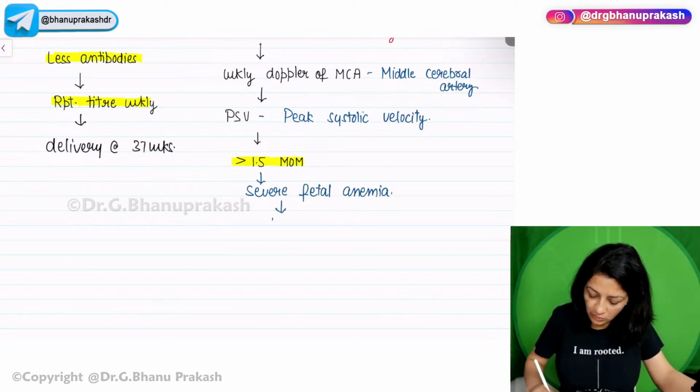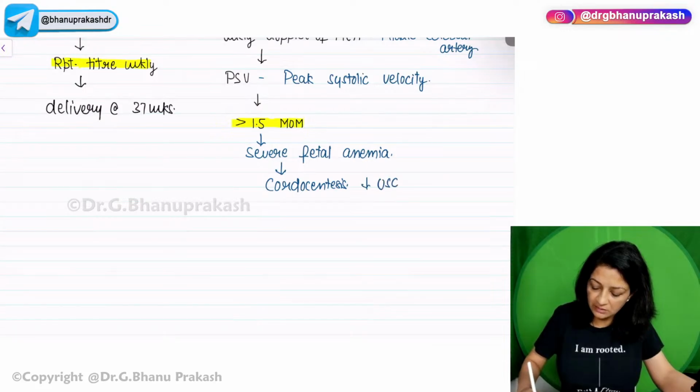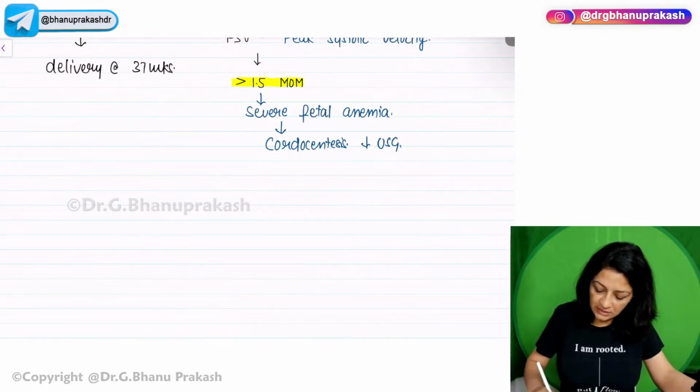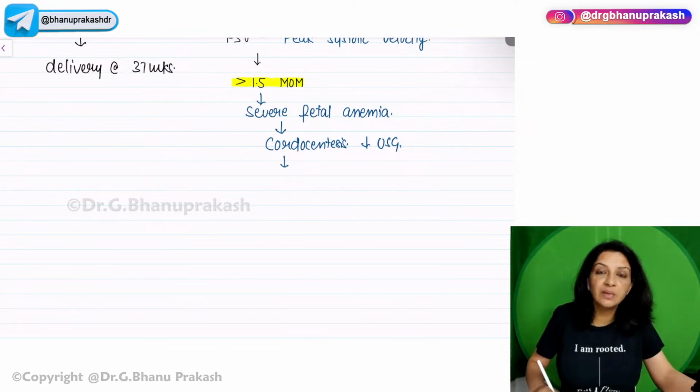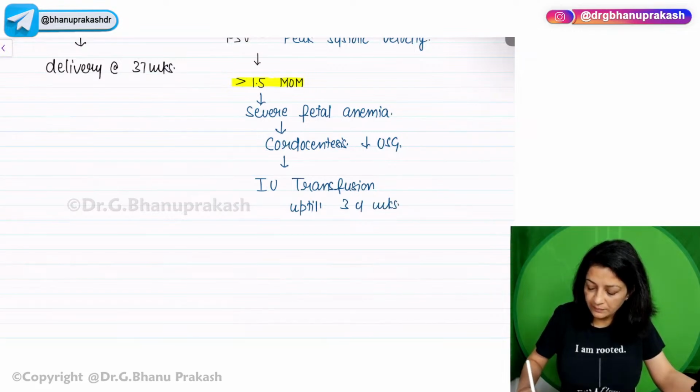Then we will do cordocentesis. We take blood from the fetal cord, ultrasound guided. Then we will transfuse the blood, intrauterine transfusion, up till 34 weeks.